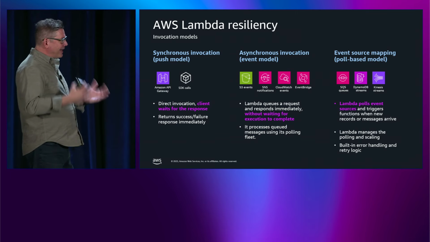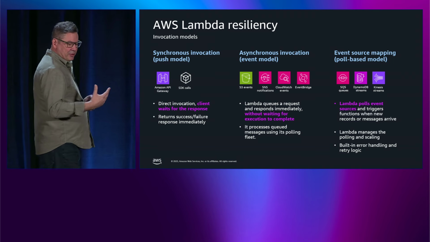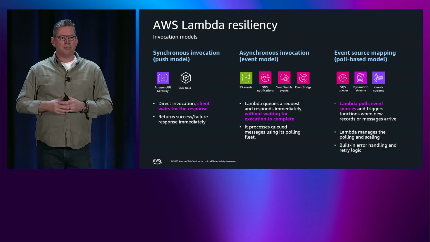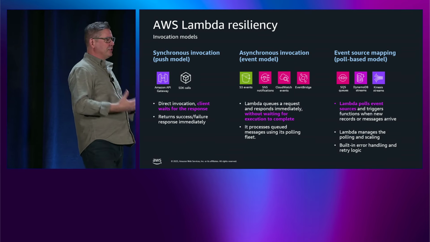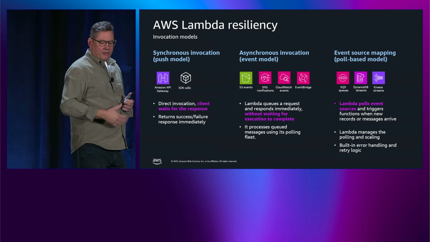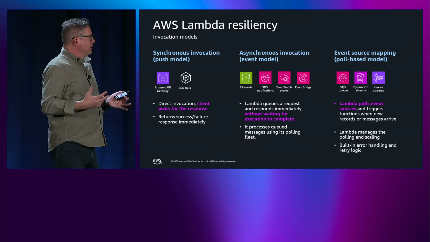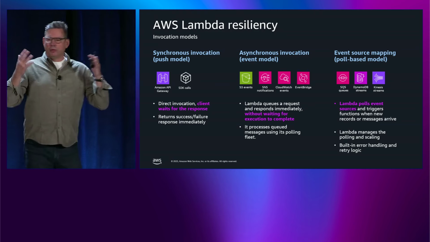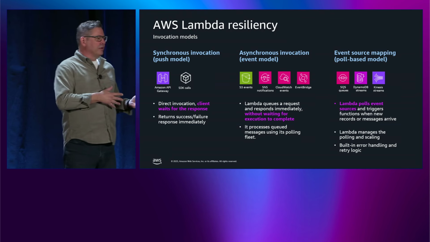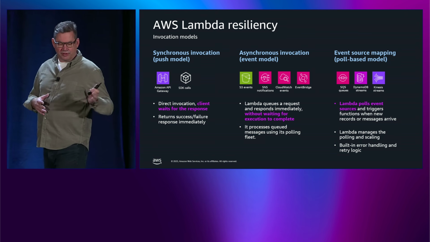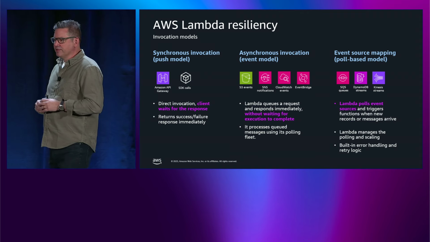So when we're looking at Lambda's resiliency implementation, there are a number of different ways that we interact with that service, depending on the type of integration that you're performing. Now, from a synchronous perspective, this is something we call the push model. This is basically you invoking Lambda directly, and the client, as we just defined, is waiting for a response from that function.